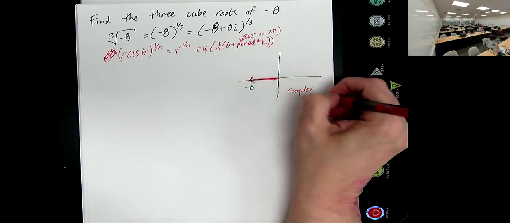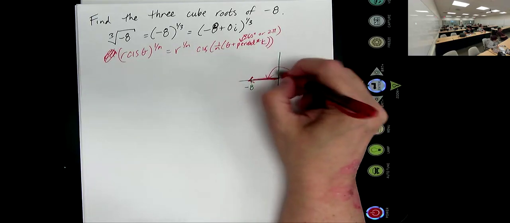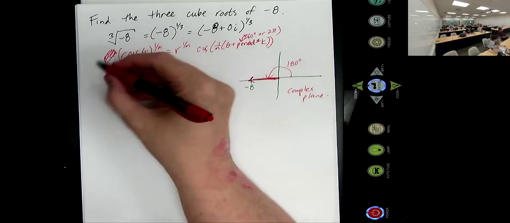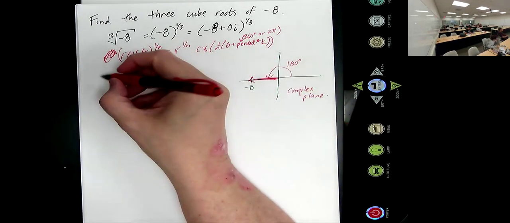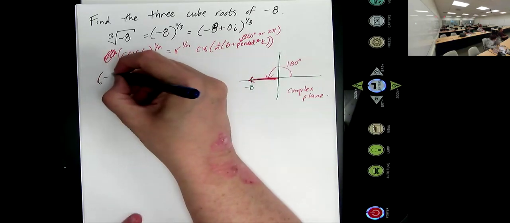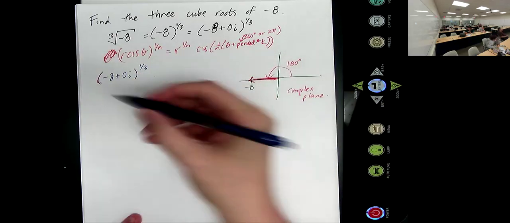What does that equal? 180. We can verify that when we do y/x. So we're going to apply this to -8 plus 0i to the 1/3. Well, let's find r.